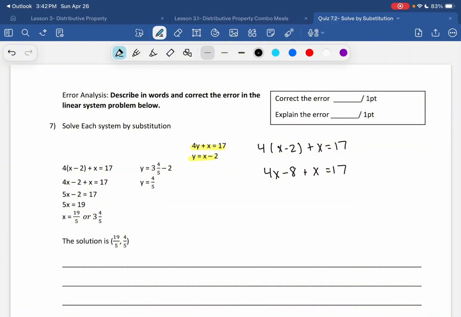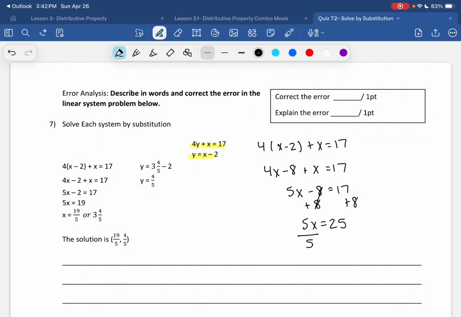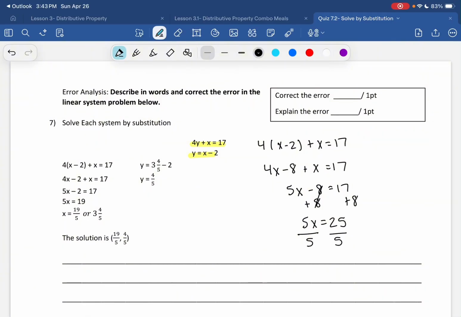Yes, sorry, lost my train of thought. 4x plus x is 5x minus 8 equals 17. I need to add 8 to both sides. So now I get 5x equals 25. I divide by 5, which gives me x equals 5.